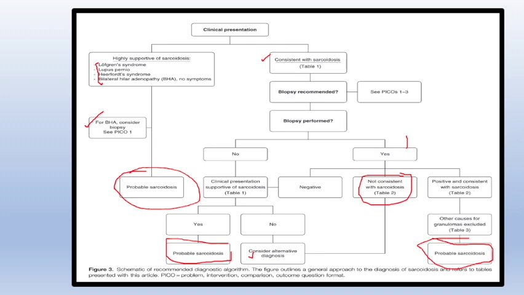Now, if you did a biopsy which is positive, which is consistent, you've ruled out other causes of granuloma, then it is a probable sarcoid, and you may go on and do the other treatment modalities for this patient. So quite clear, and basically it all says that you must have a very good clinical suspicion, you must have a consistent biopsy in case you're performing one, and you must exclude other granulomas.